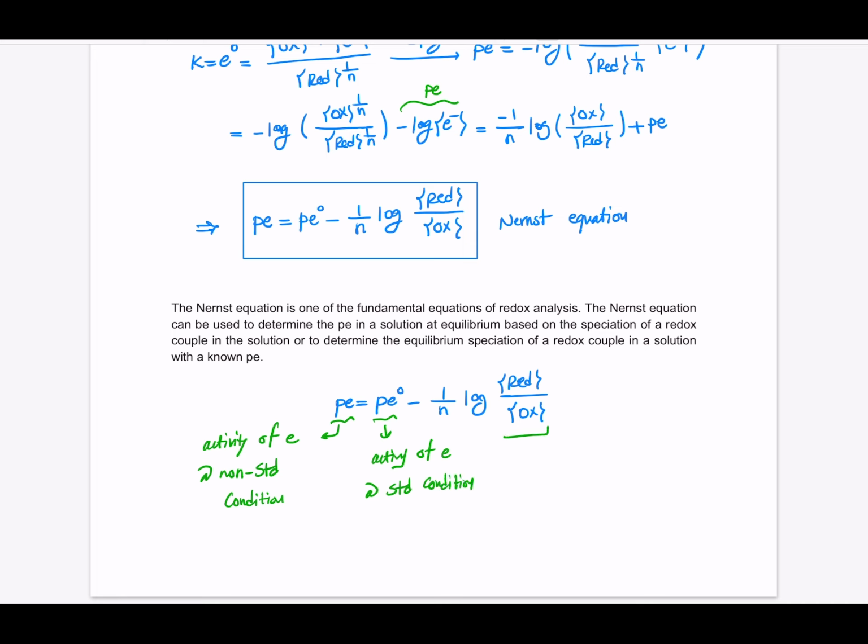And this is basically what can be modulated by changing the activity of electron. Or this ratio would dictate the activity of electron eventually, the ratio of the reduced species over oxidized species.